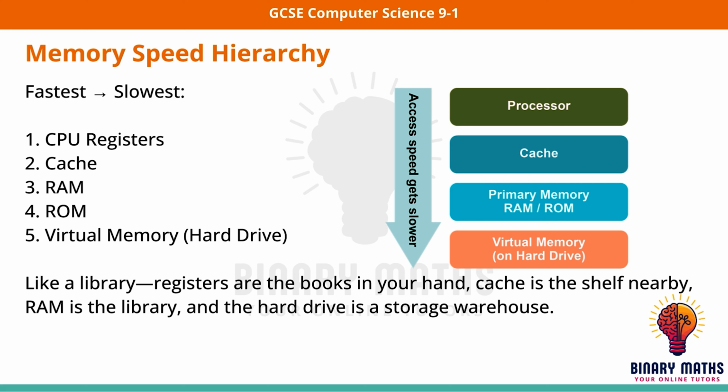ROM is slower still, and virtual memory on the hard drive is the slowest. Picture this like a library. Registers are the books in your hand. Cache is the shelf next to you. RAM is the library itself, and the hard drive is a warehouse across town.